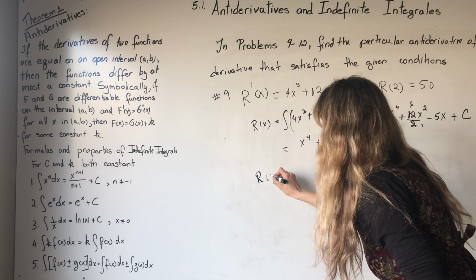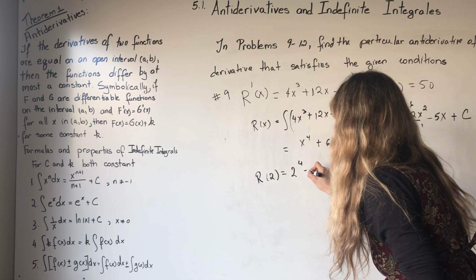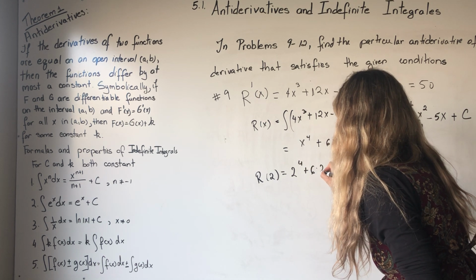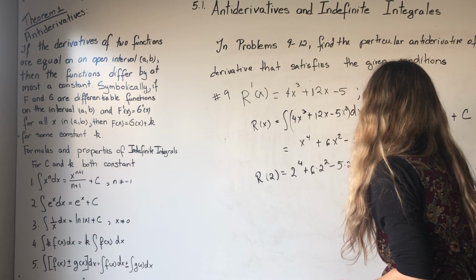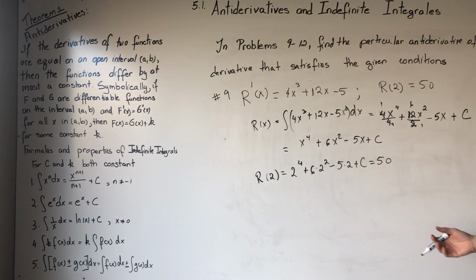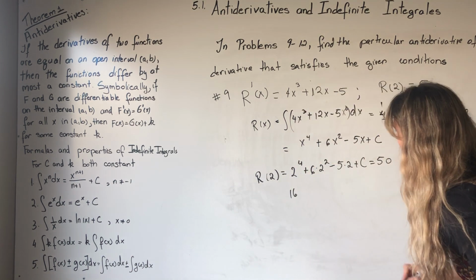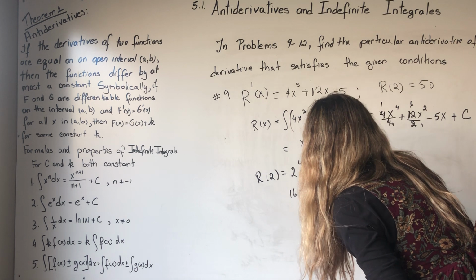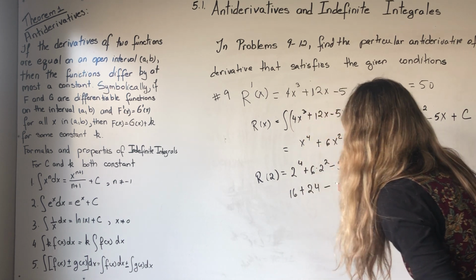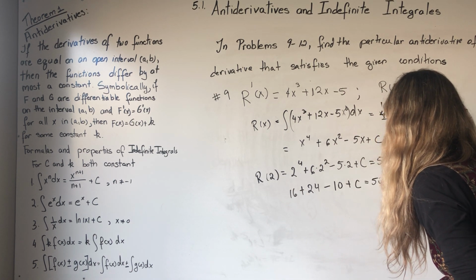So r of 2: 2 to the fourth, plus 6 times another 2 squared, minus 5 times 2, plus c, and this should give me 50. So 2 to the fourth is 16, plus 6 times 4 is 24, minus 10, plus c, is equal to 50.